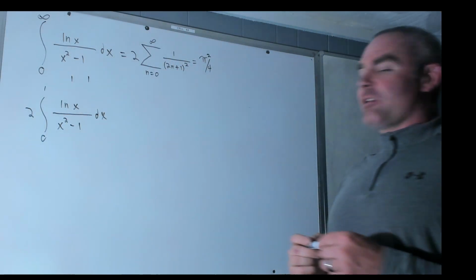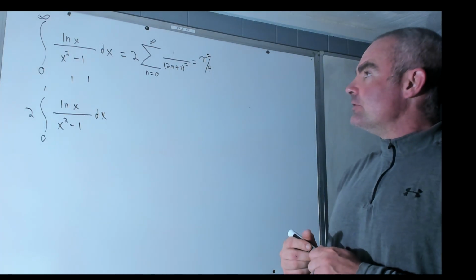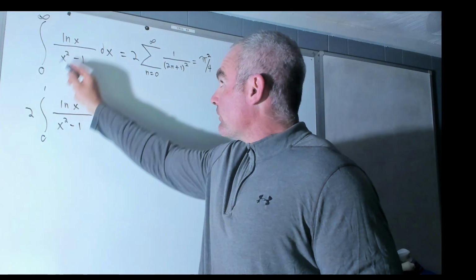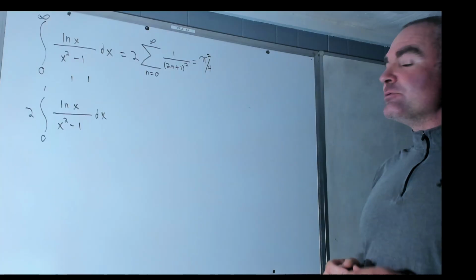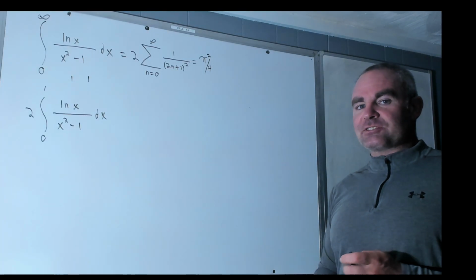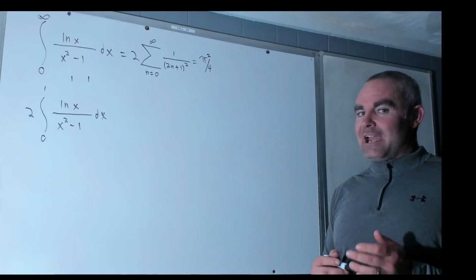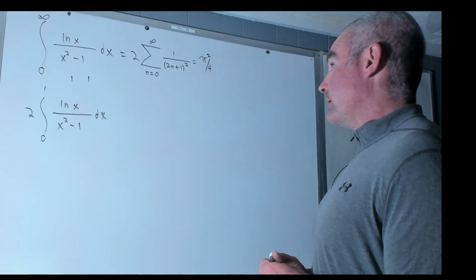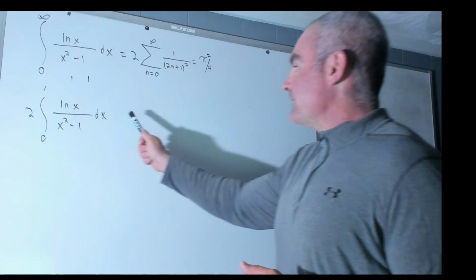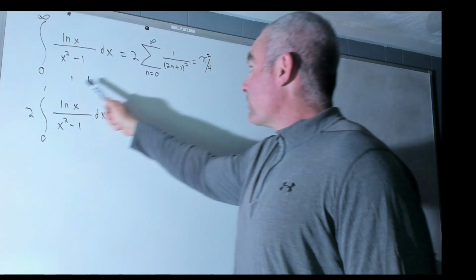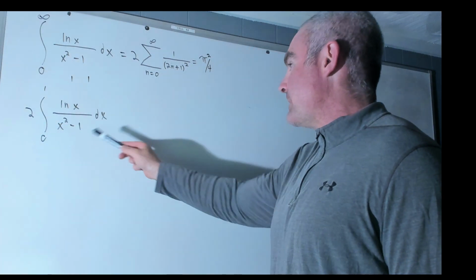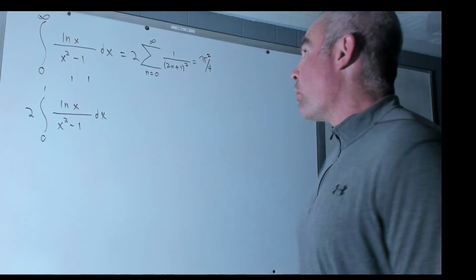Now, I'm not going to show all the steps for that, but basically what you do is this. You take this interval from 0 to infinity and split it at 1 and make two separate integrals and perform the u substitution u is equal to 1 over x on the second one. And combine them, and you will find that this is true. So that integral is just twice the same integral on the interval 0 to 1.